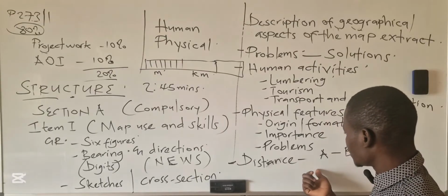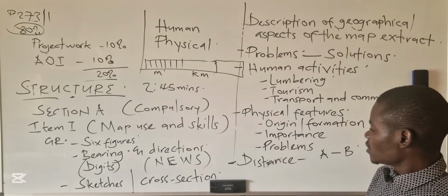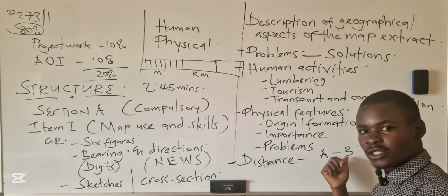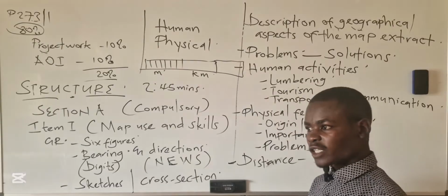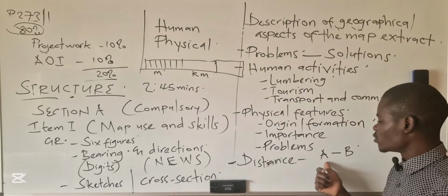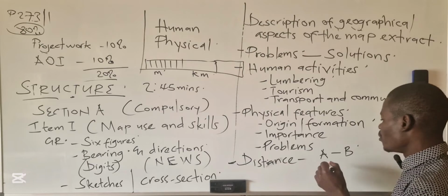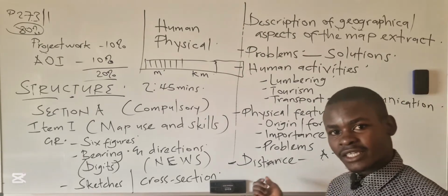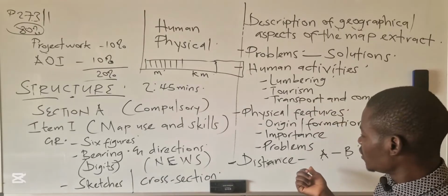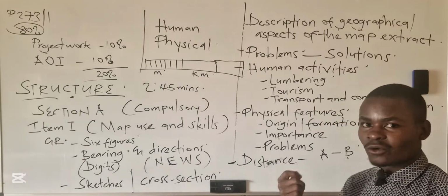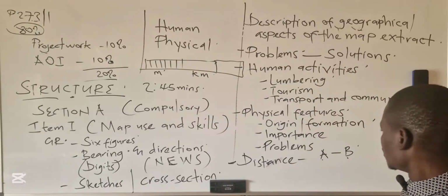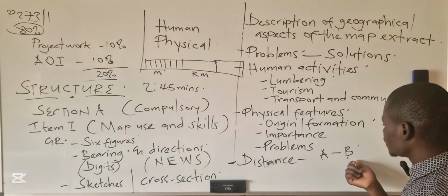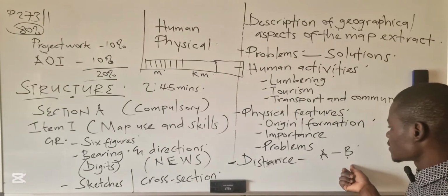After measuring the distance, they can ask a question. How you've measured the distance from point A to point B. However, the question is, if you have a person who wants to travel from point A to point B, but this person is not certain about the distance he or she is going to cover and the cost of transport. So meaning that you as a geographer need to first determine the distance.